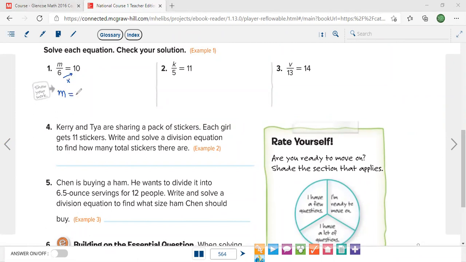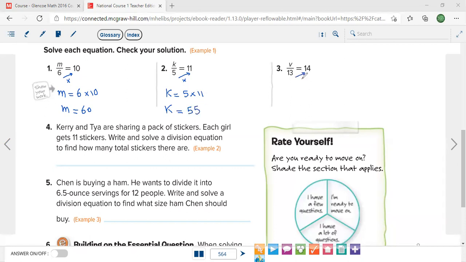So m equals 6 multiplied by 10 means m equals 60. Also here multiply. So k equals 5 multiplied by 11 means k equals 55.